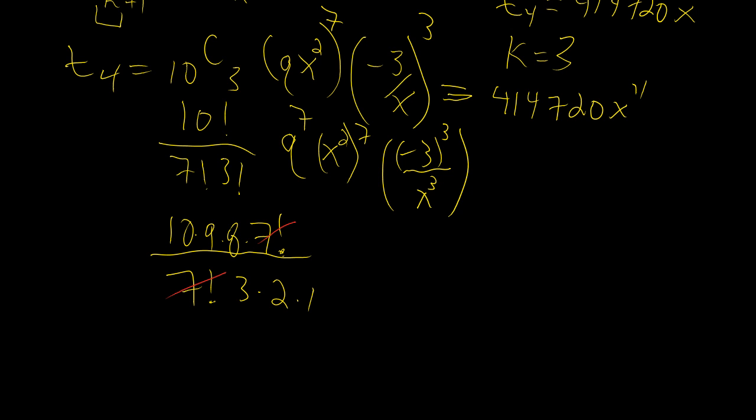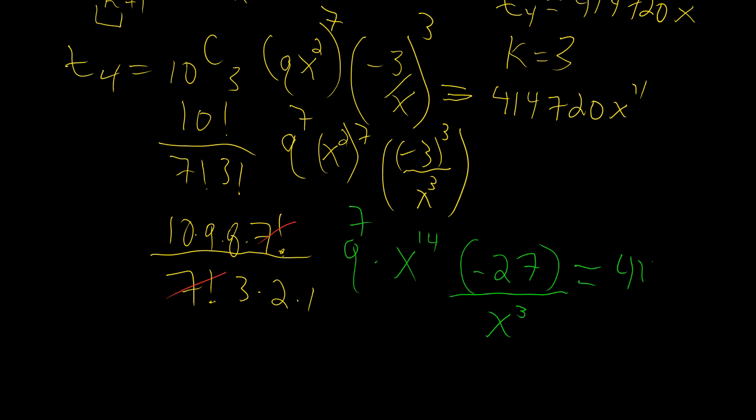So right away we see the 7 factorials go away. And q to the 7 is still q to the 7. 2 times 7 is 14, so that's x to the 14. Negative 3 cubed is negative 27, negative 3 times negative 3 times negative 3. And x cubed is x cubed. So we still got this whole side over here, 414,720 x to the 11.